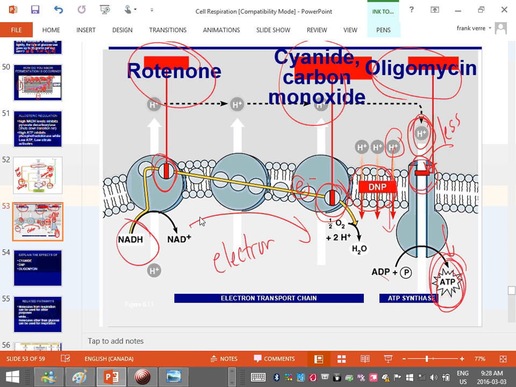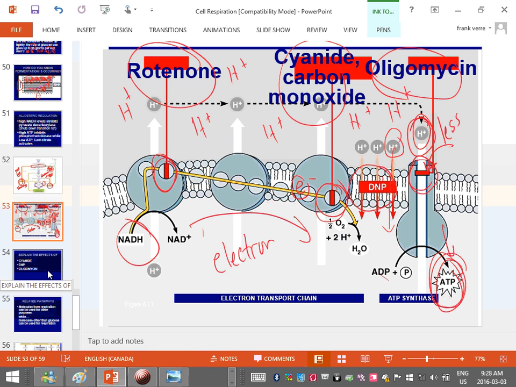And then it's actually going to become a problem pumping the protons out, because where are all the protons going to get stuck? If they can't come back through, they're all going to get stuck where? Up here. And then it's going to become really hard to pump protons if they can't move back into the other side. So you won't get any ATP production because the protons can't move through.